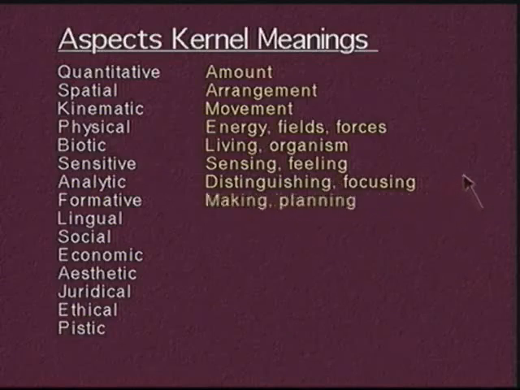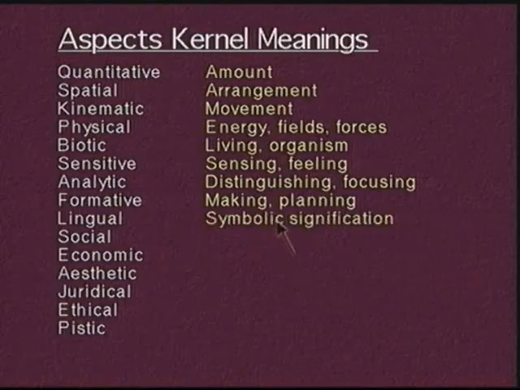There's the formative aspect, the formative power, which is to do with human making, human planning, achieving. It's to do with techniques, technology. It's also the aspect of history. History is seen not just as dates, but as human beings doing things, achieving things that are notable.